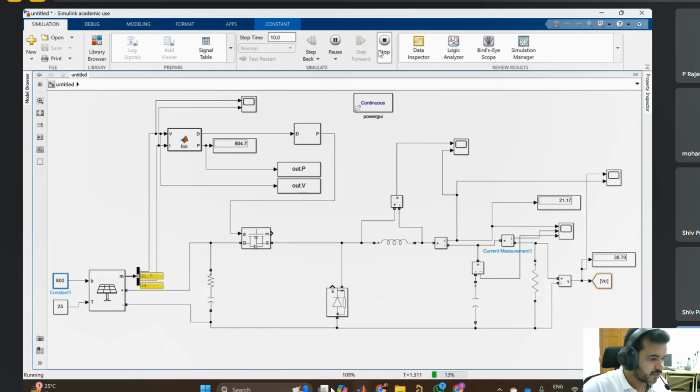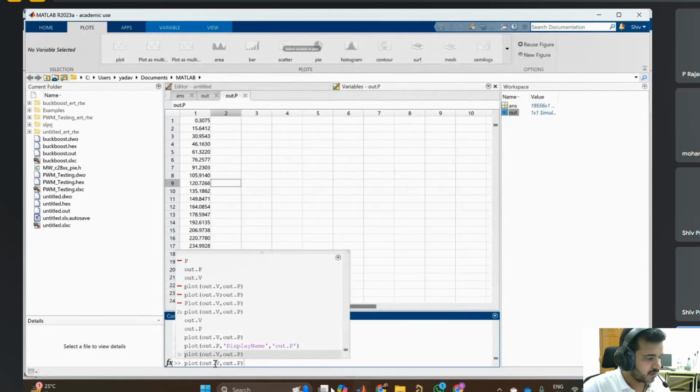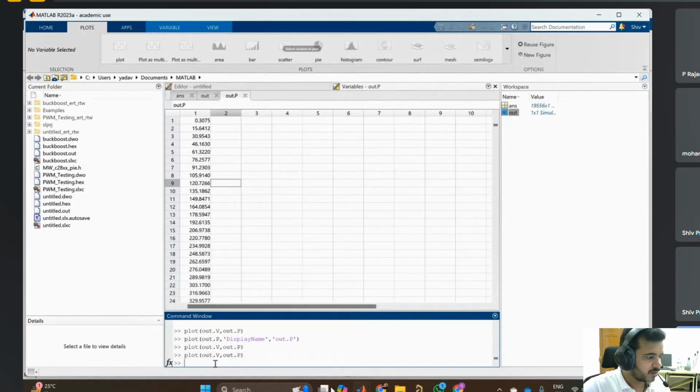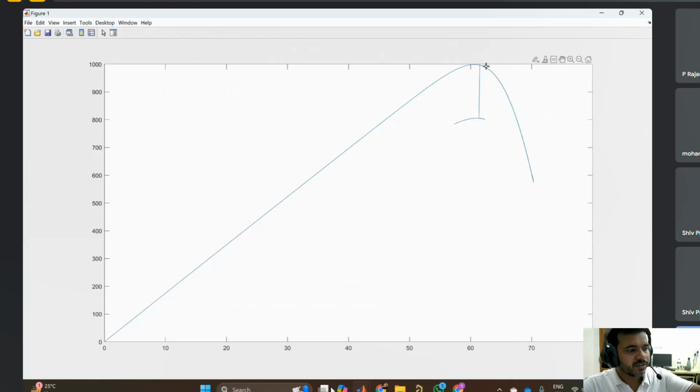Let's take one, two. When I change the irradiation, then it will track like that, the maximum power, suddenly. If you give another reference irradiation, it will track here like that. You can see.